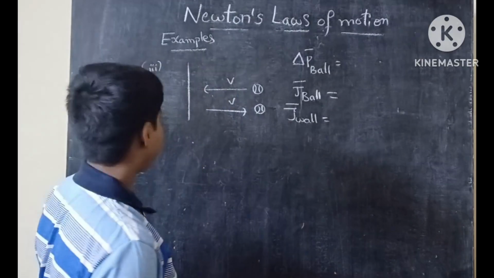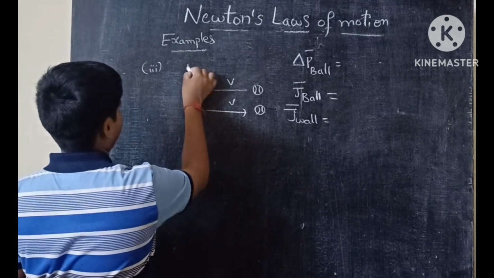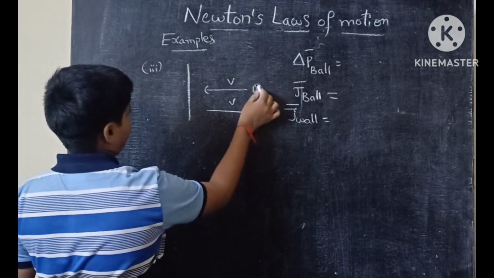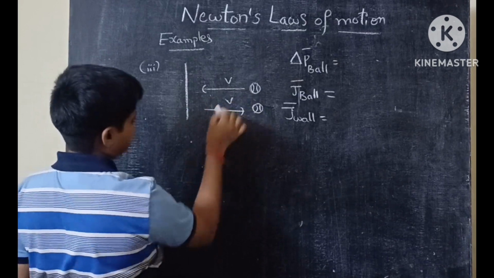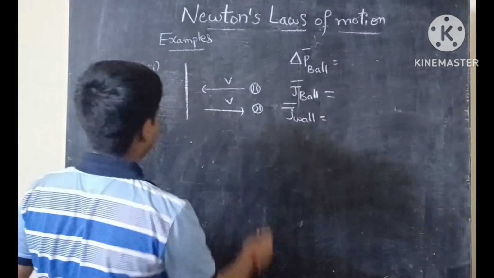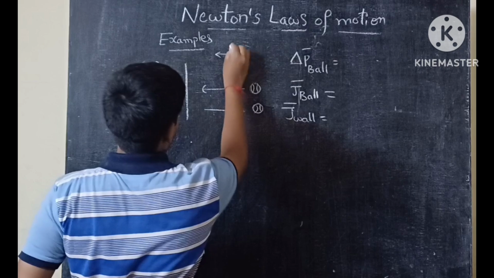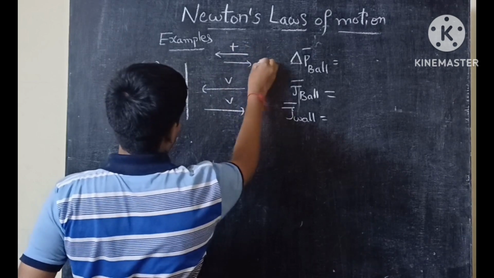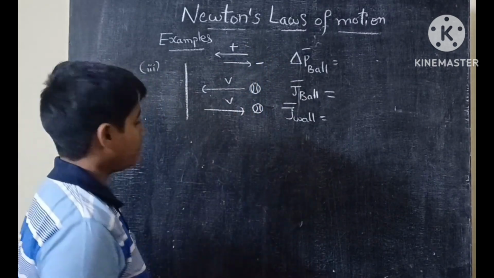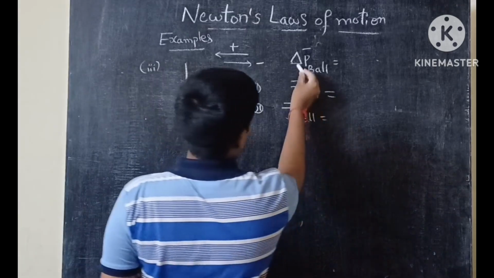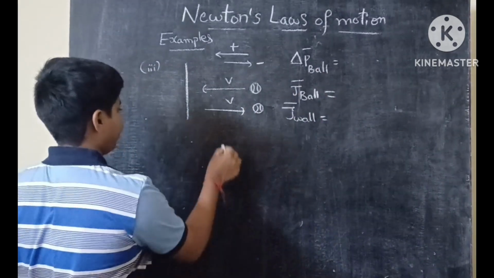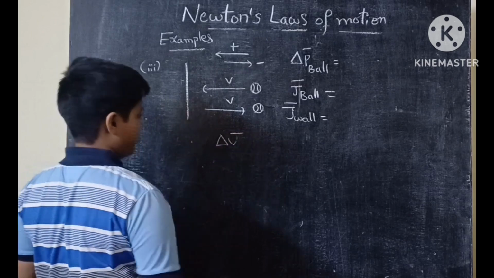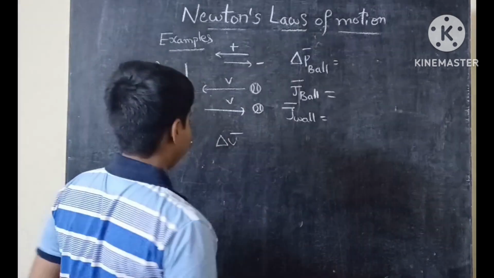If you see the third example, they gave a ball going with the speed of V and rebounding with the speed V. Here I am taking one direction as positive and the other as negative. They are asking to find delta P bar. First I am finding delta V bar, then we can find it easily.